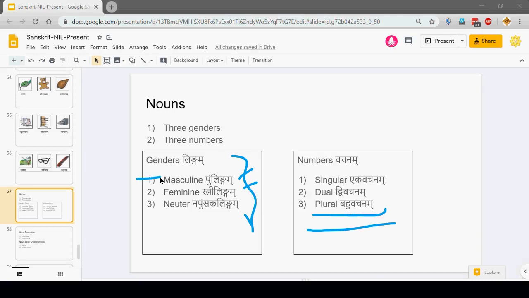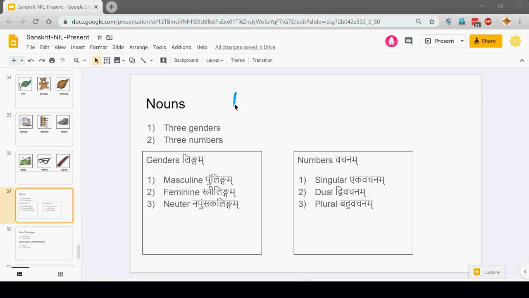If there is only one bed, we use Paryankaha. And if there are two beds, then we use Paryankau, not Paryankaha. So the form in Sanskrit is Paryankau.